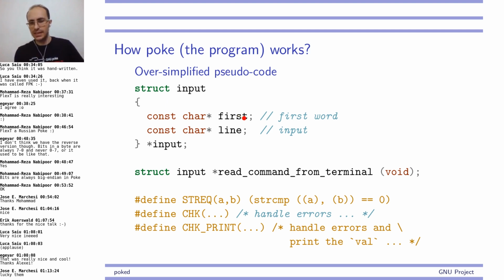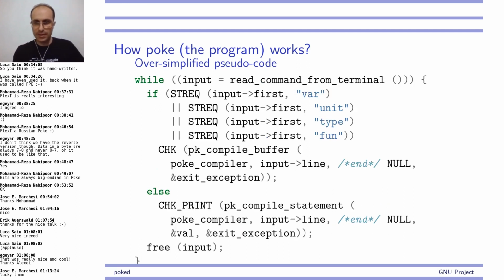It fills this field with the first non-blank word, and this is the whole line. There is also a little bit of boilerplate, like str_equal, and the check macro, which handles error handling of the pk_compile_buffer and statement calls, and the print macro, which prints the val, a PVM value, which is a poke value, you can say.